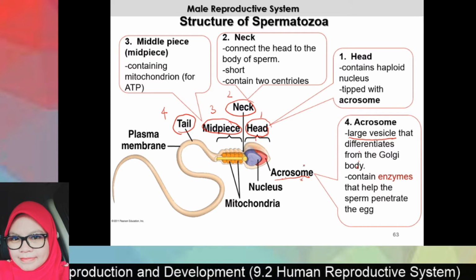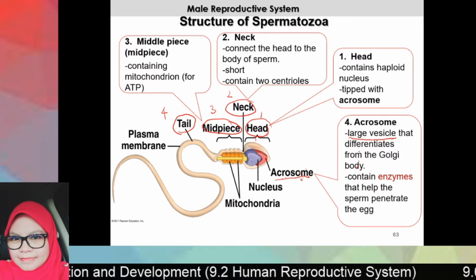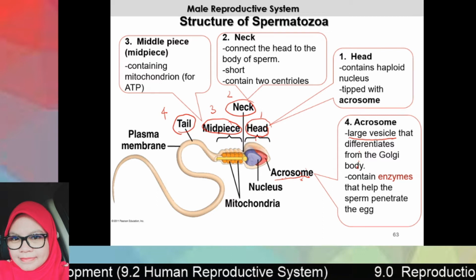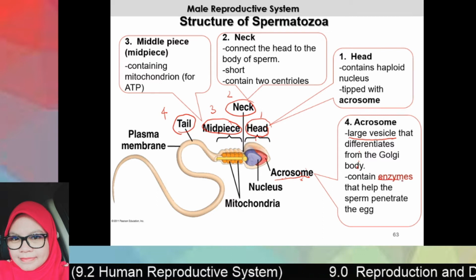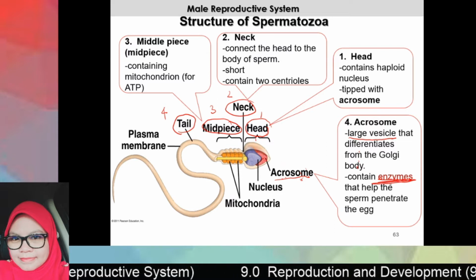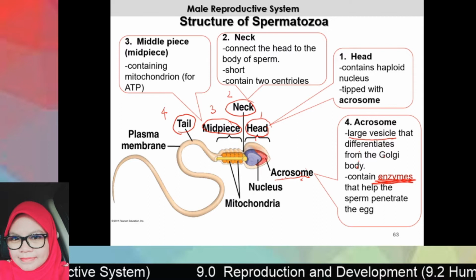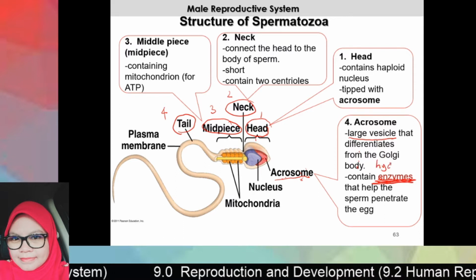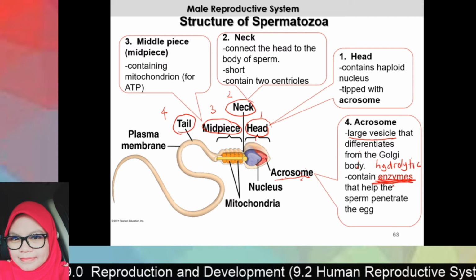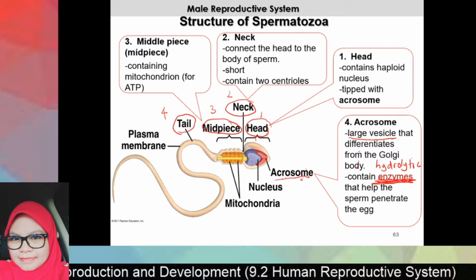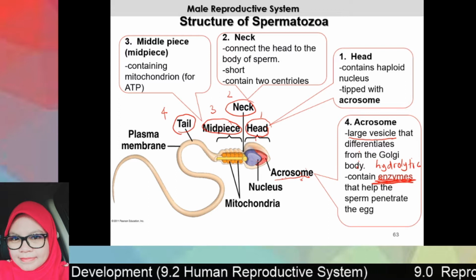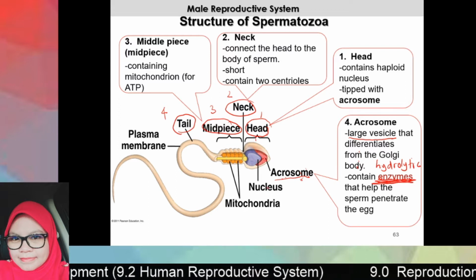The most important thing to know is that the acrosome will contain enzymes, specifically hydrolytic enzymes. This enzyme will help the sperm to penetrate the egg. And then the head also has the structure of the nucleus.